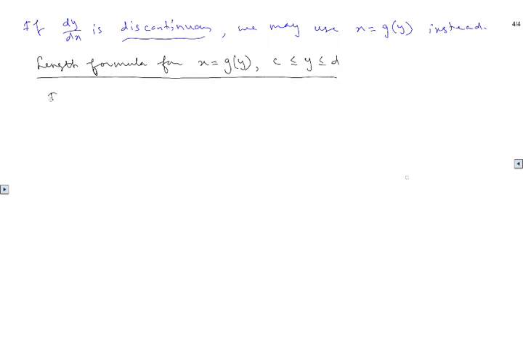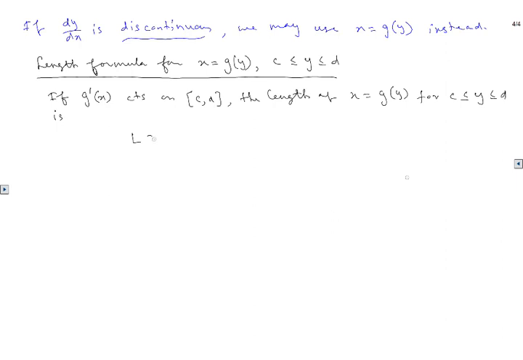So let's say if g prime is continuous on the closed interval [c, d], then the length of x equals g(y) for y going from c to d is very similar.